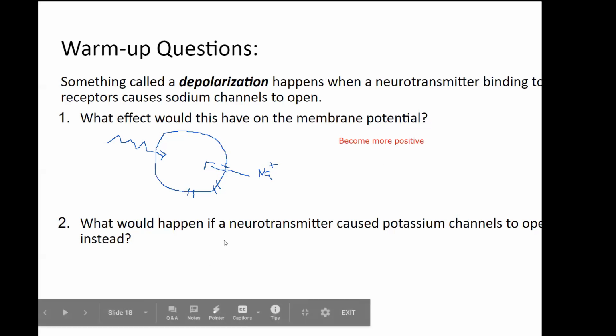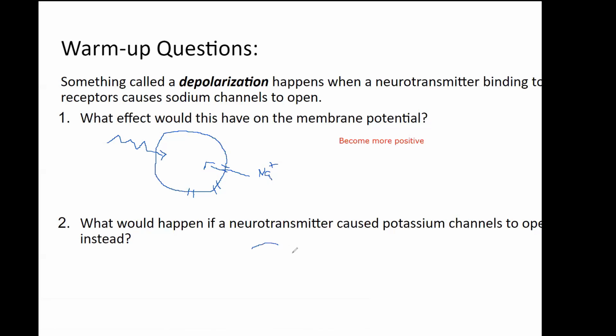So now next we're thinking about a cell where we have a neurotransmitter that instead of opening sodium channels, is going to open potassium channels.